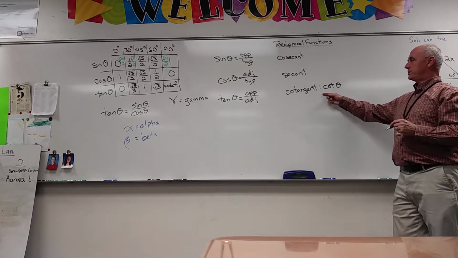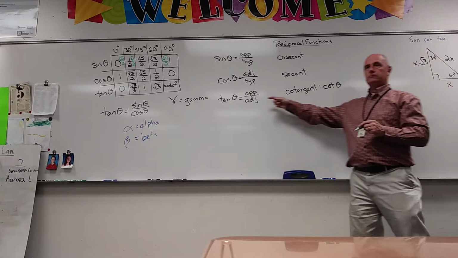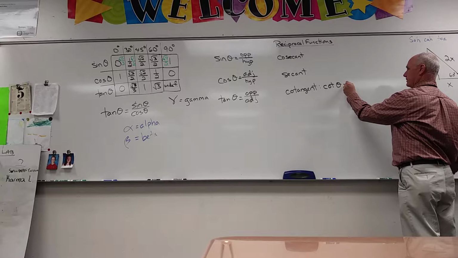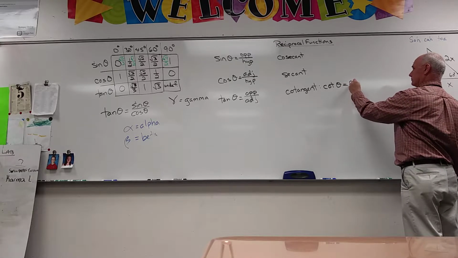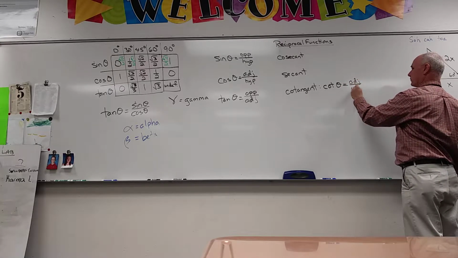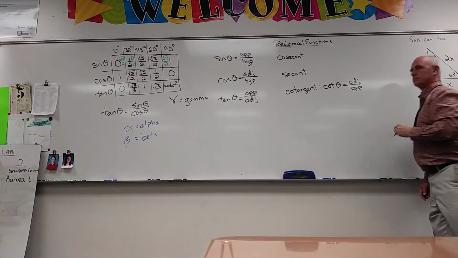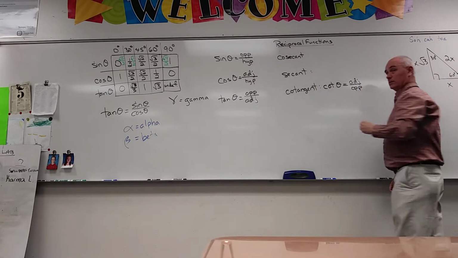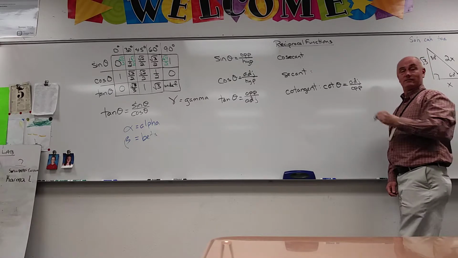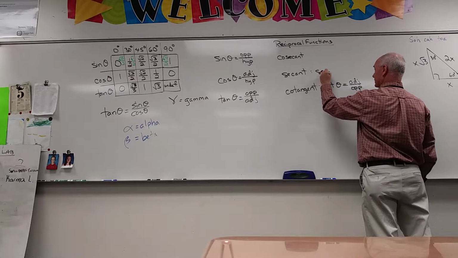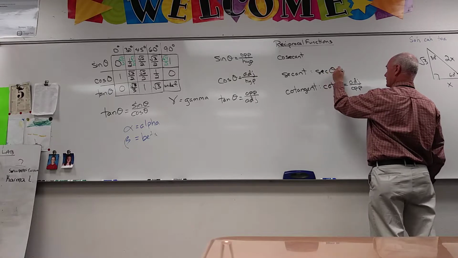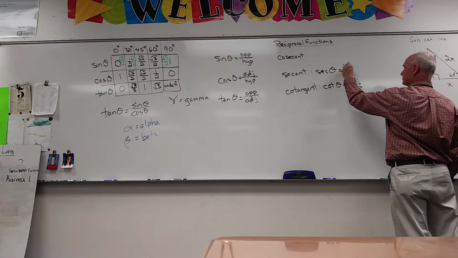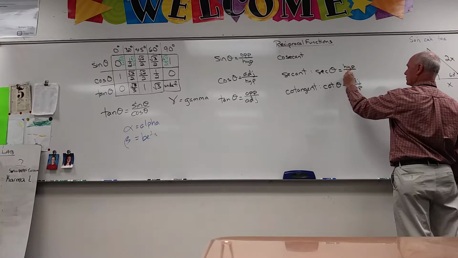So cotangent is the reciprocal of tangent, which therefore means that cotangent of theta is adjacent over opposite. Secant, abbreviated SEC, secant of theta is hypotenuse over adjacent.